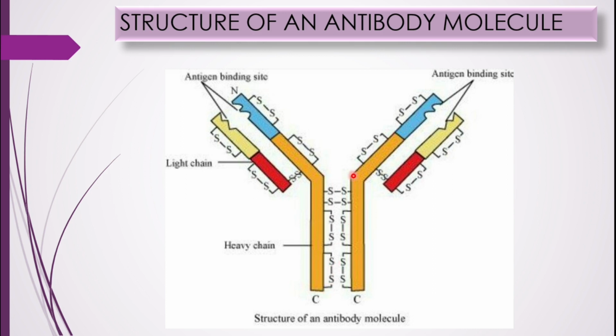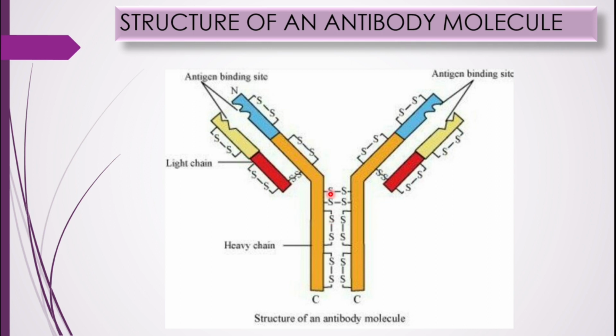The stem of the Y or the tail of the Y is made up of heavy chains only. Both these are heavy chains, whereas the arms of the Y are made up of both the light chains and the heavy chains.